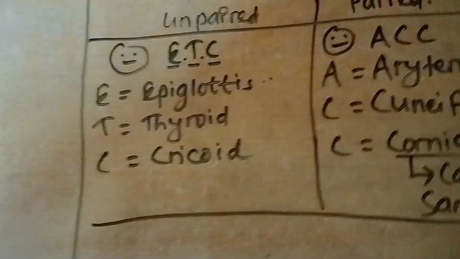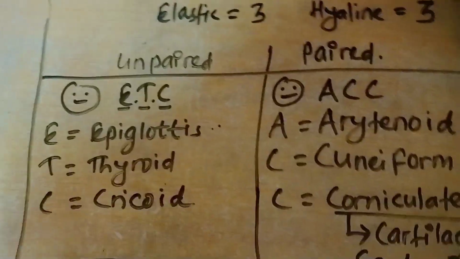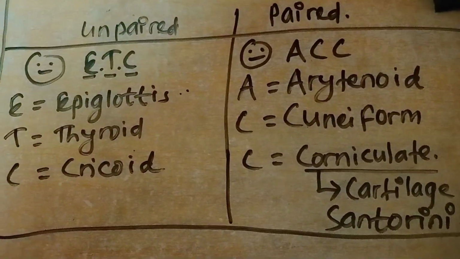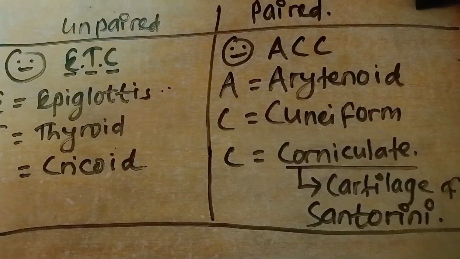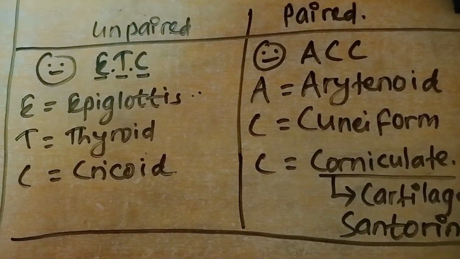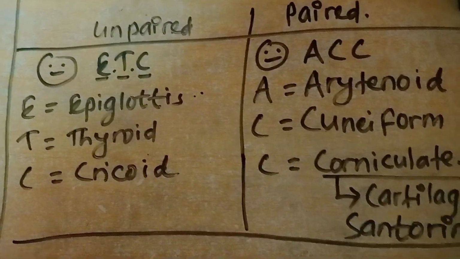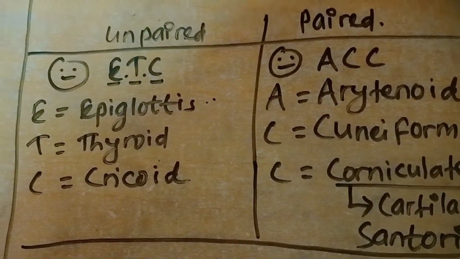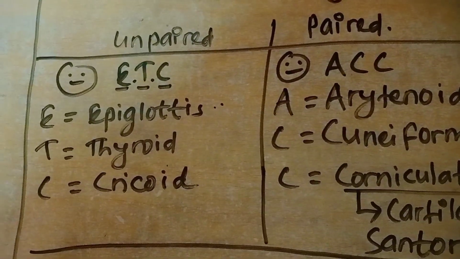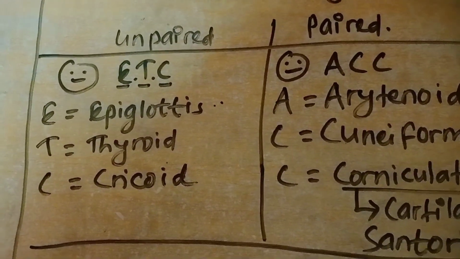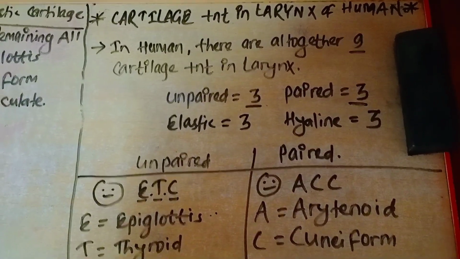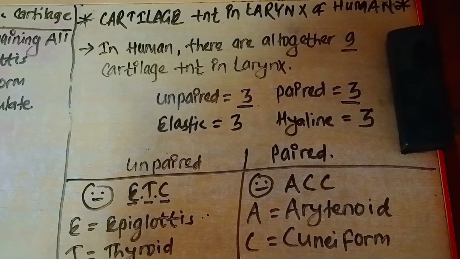Like when you see unpaired and paired, for unpaired we have ETC, which means etc. and ACC. ETC has a special meaning, but ACC is only a trick with no meaning. So in ETC, C must be cricoid. So this much for the cartilage present in the larynx of human beings.